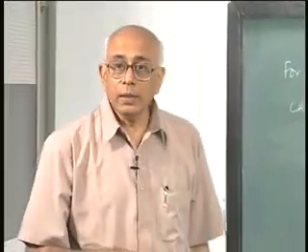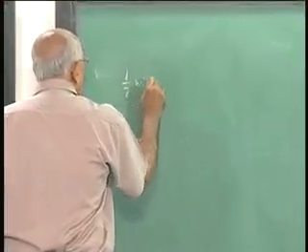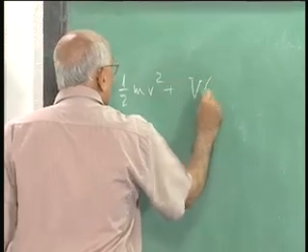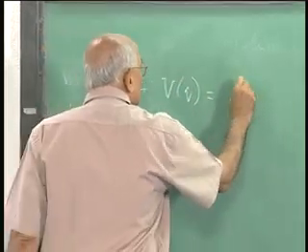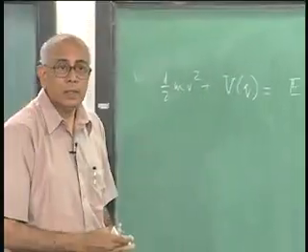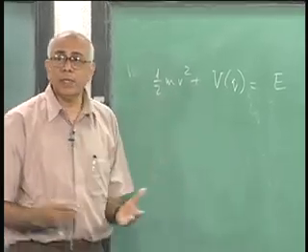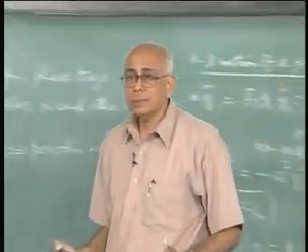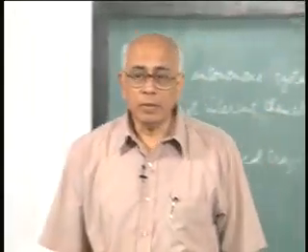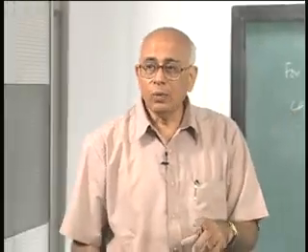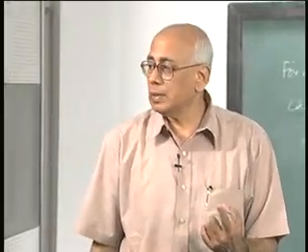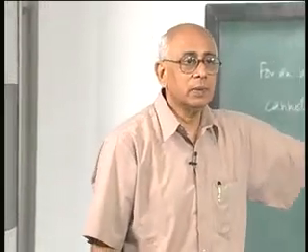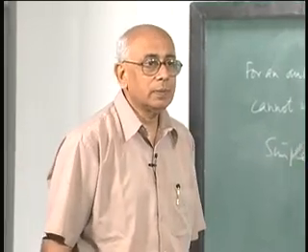If therefore you write the total energy equal to constant, and I write this equation, 1/2 mv squared plus V of q equal to a constant E, this specifies the phase trajectory already, because to specify a curve on the plane I need one equation between two variables, and this provides it. There is nothing more to be done.